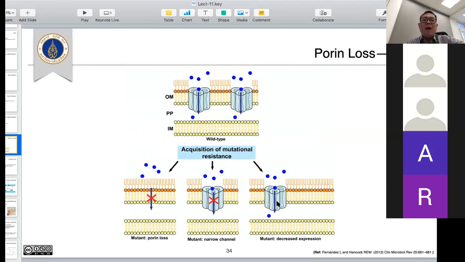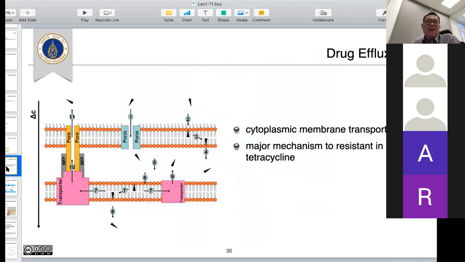Or reduce the number of porin proteins. Normally they have a lot. So once the number of porins decreases, the amount of antibiotic that can go inside the periplasm is less than it should be. Or they change the structure of porin to make the channels narrower, then antibiotic cannot pass through the channel. That's another mutation, okay?